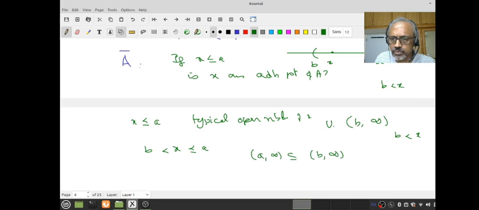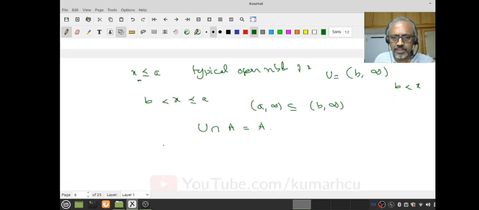This is your set U, a typical open neighborhood of x, right? Therefore, U intersection A is A all the time, so in particular it's non-empty. Therefore, what have you concluded?